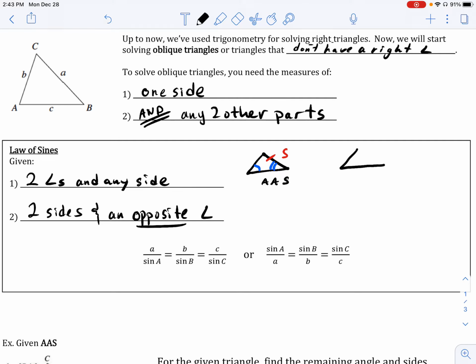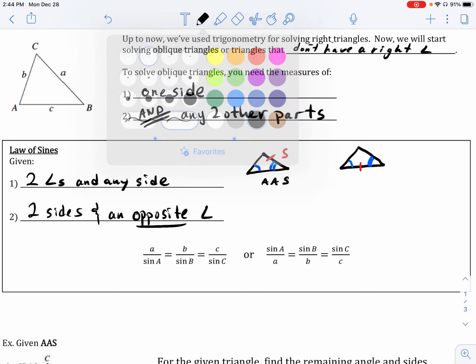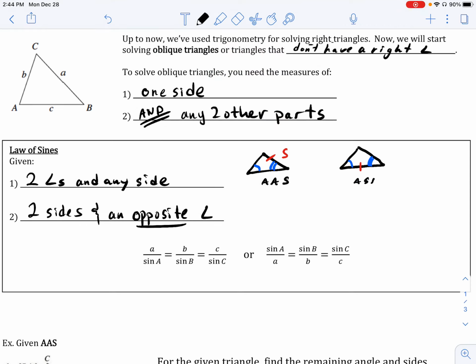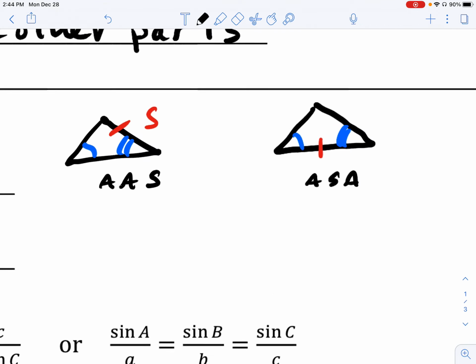Or if we were given an oblique triangle, and again, we have two angles, and the side that we're given is the side that is in between these two angles. We call this an angle side angle case. And let me just quickly highlight this.